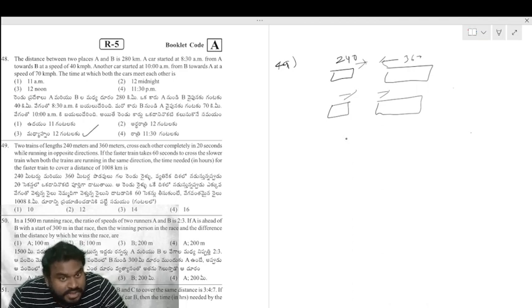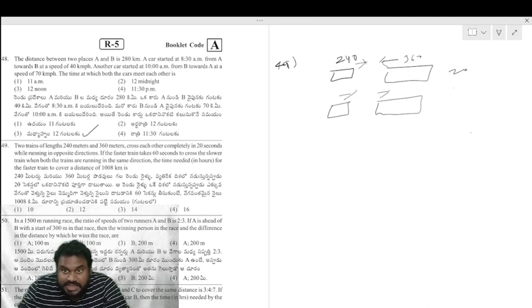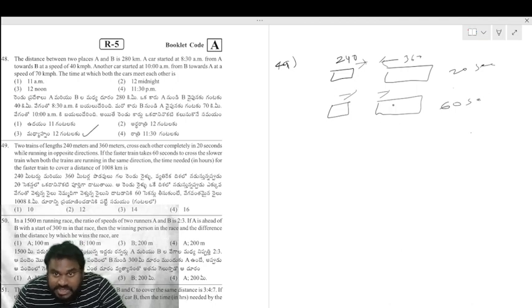When they are in opposite direction, they'll take 20 seconds. When they are moving in the same direction, they'll take 60 seconds. Faster train obviously crosses the slower train. Whether it is the bigger one or smaller one, he did not mention anything.